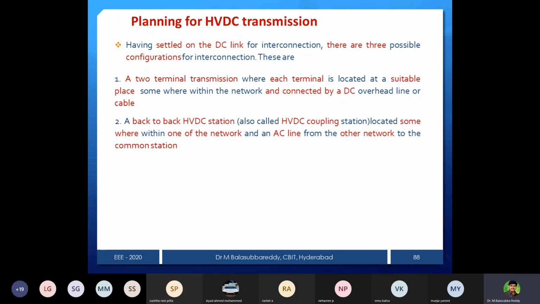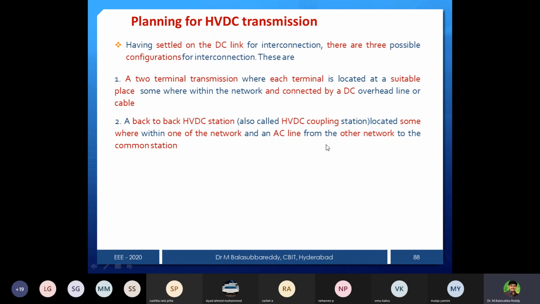located somewhere within one of the networks. In the second diagram, with the AC link, we can connect the two in one network place only, but the power is transmitted through DC once it is converted, and it can be converted back to AC and transmitted. There is an AC line from the other network to the common station.